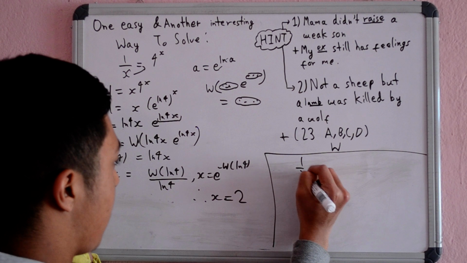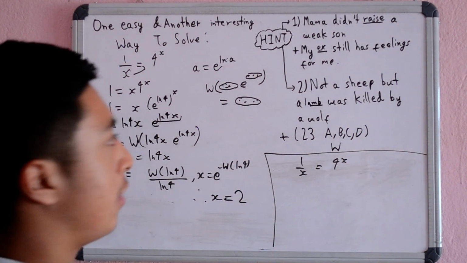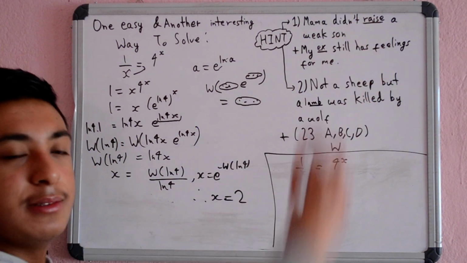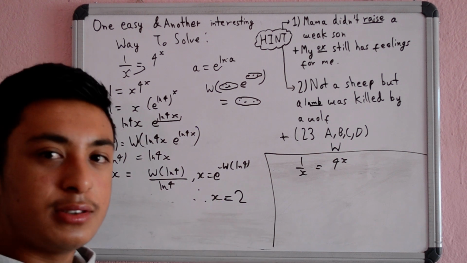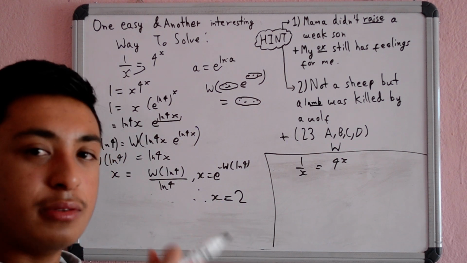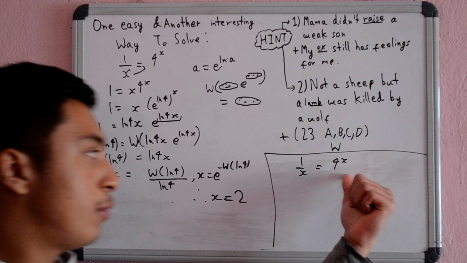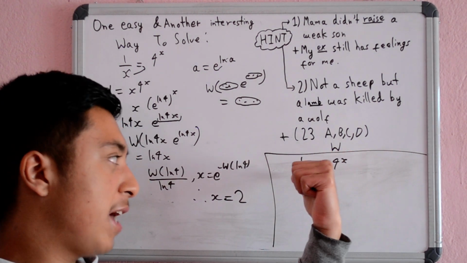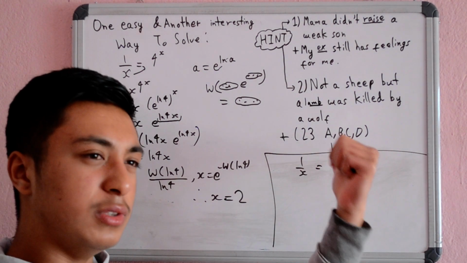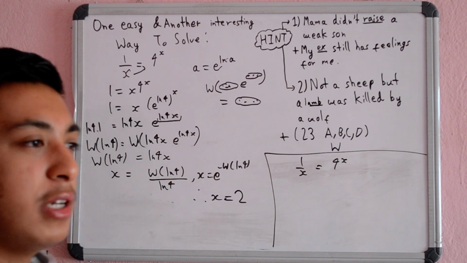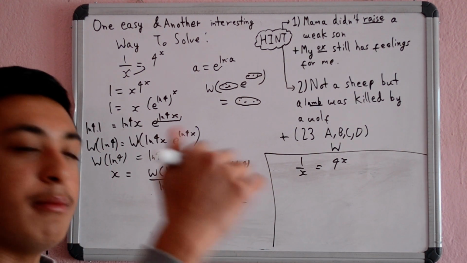So you have 1 by x equals 4 to the power x. Now let's use this hint, raise x. So you have to raise some power related to x. So here, if you raise both sides to power x, you'll have 1 by x to the power x, 4 to the power 2x, which gets more complicated. But what if we raise to the power 1 by x?